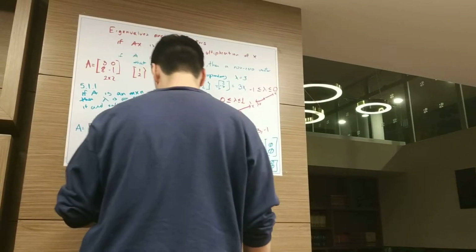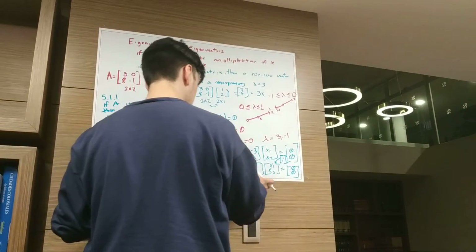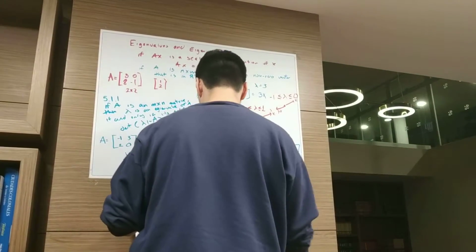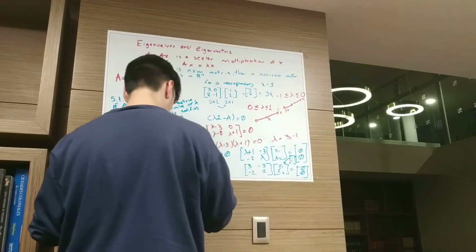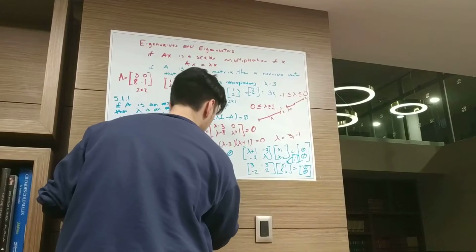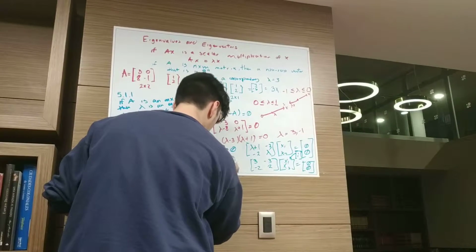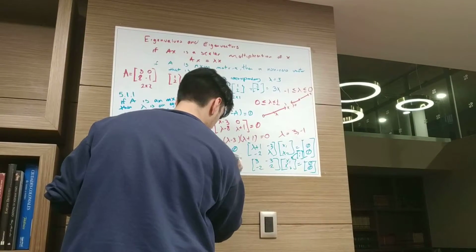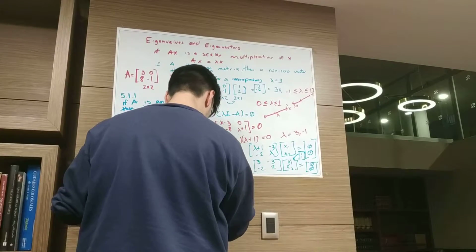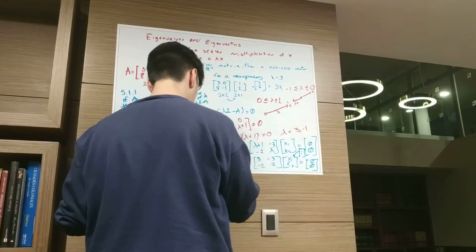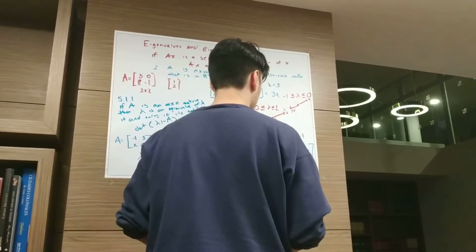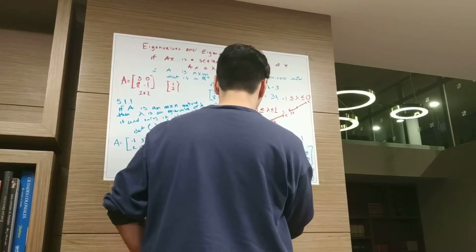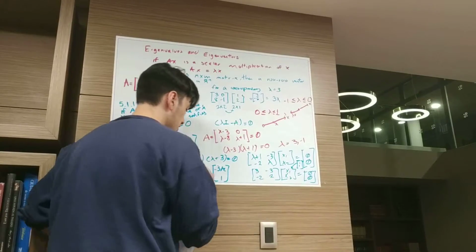And for that, if the basis is corresponding to lambda 2, what I'm going to write here is minus 3 and 1, and this is the basis corresponding to lambda equal to minus 3, for example. So this is the result.